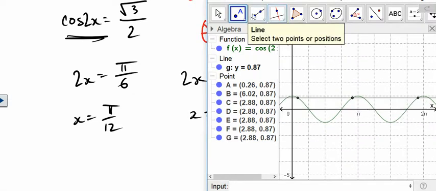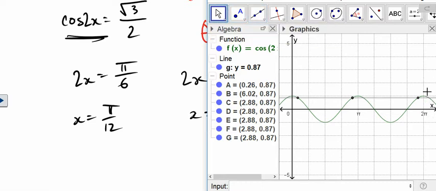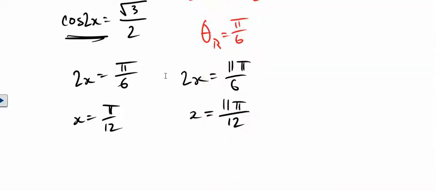This still occurs before 2 pi, right? So from here to here is one cycle. That's where we were asked to find the solutions. So in other words, we're not done. There's 2 more solutions.